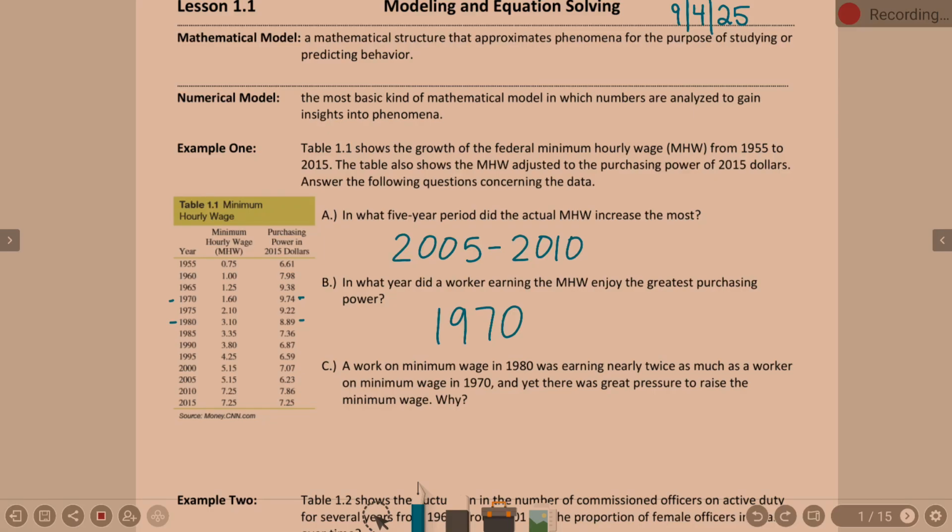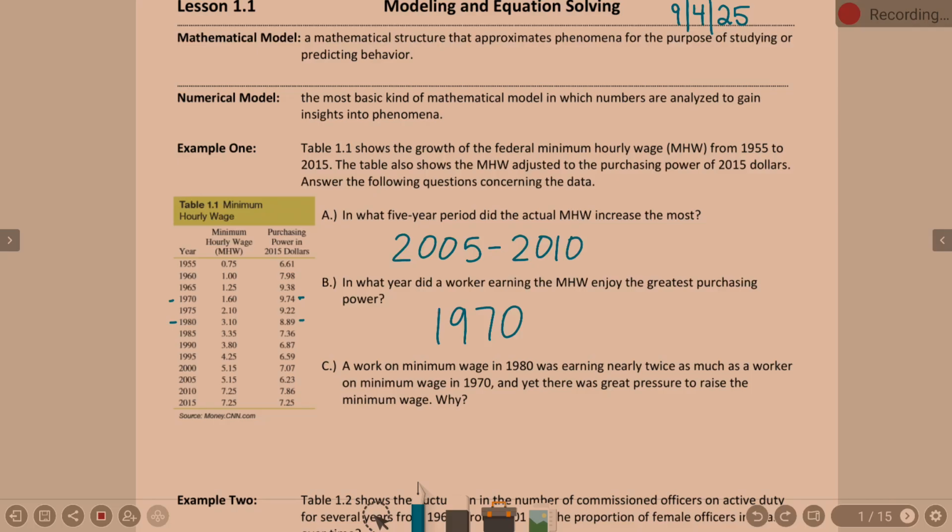So minimum wage is going up, that's good. But what's happening with purchasing power? It's going down, right? So you're getting less for your money, is the idea there. So the pressure to raise the minimum wage more is because we're losing, in a way you're losing money. You're not gaining that money.